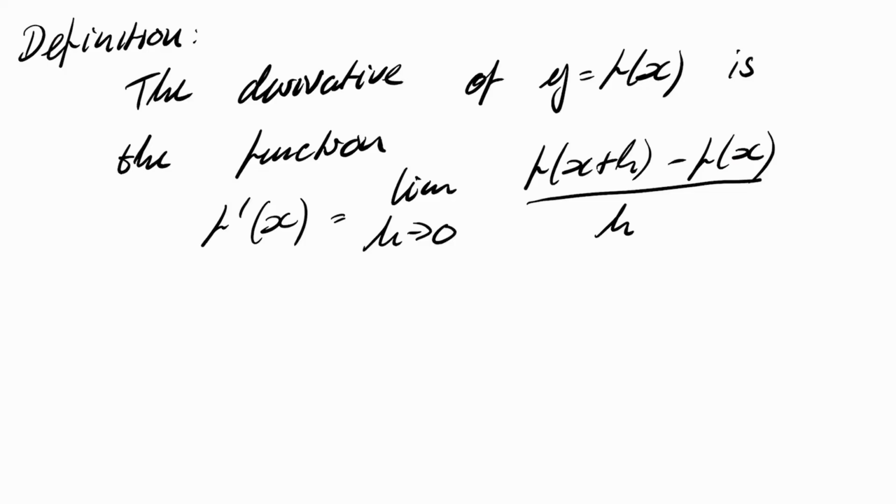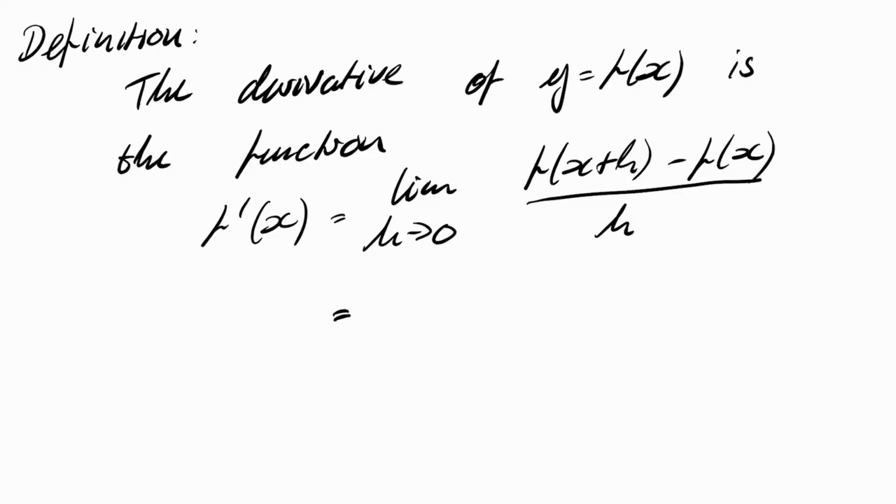So what we've seen here is that slopes of curves over an infinitesimal range and the instantaneous changes of functions in time require derivatives of functions. So we define the derivative of the function y equals f of x as another function which we denote with a prime on the f. That other function is the limit as h tends to 0 of f of x plus h minus f of x all over h.